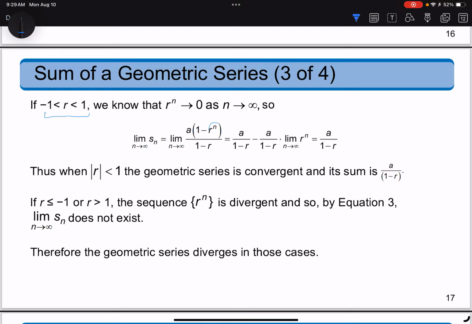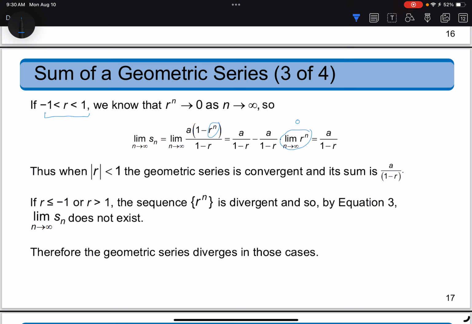So this term would approach 0 as n approaches infinity. So the new formula would now be a times 1 over 1 minus r minus a times r raised to n over 1 minus r. Taking note that this would approach 0, we will have the sum to be a over 1 minus r.